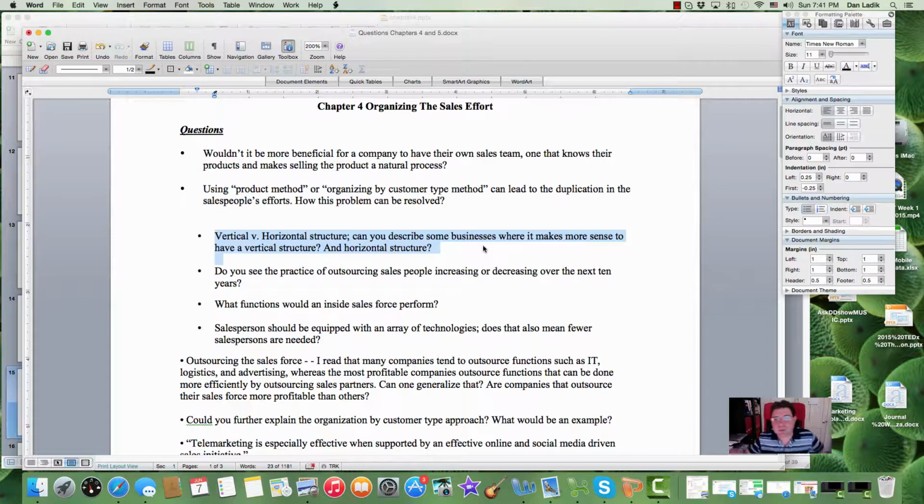Here's this horizontal and vertical. Can you describe some businesses where it makes more sense to have a vertical structure and a horizontal structure? Okay, hold that thought for 1 second. So here's my thought. Horizontal is the way you currently think of what a sales force is.